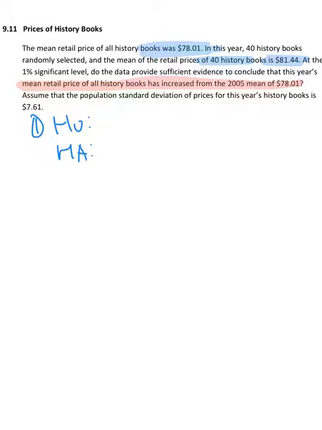Always in the null, mu is equal to what? We had two averages, 78.01 and 81.44. Which one is the mu? 78.01. Thank you. 78.01 is the population mean. So let me copy the mu here and 78.01 there. And we had three choices: not equal to, greater than, less than.